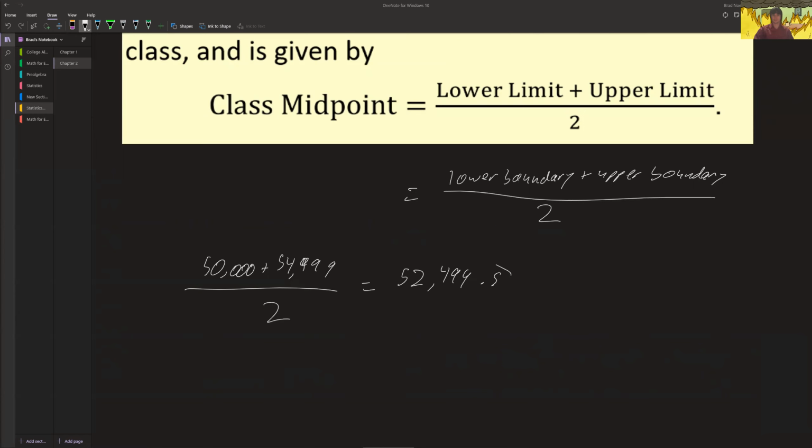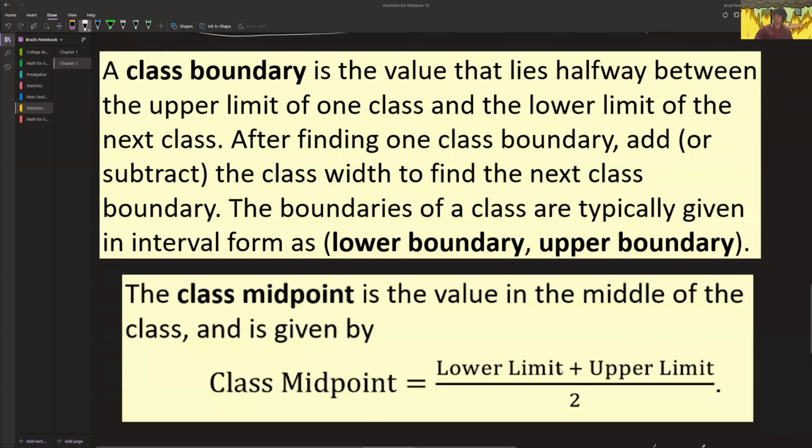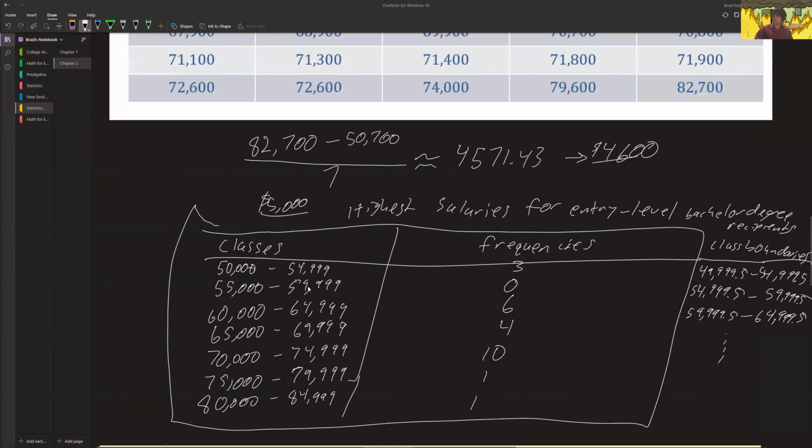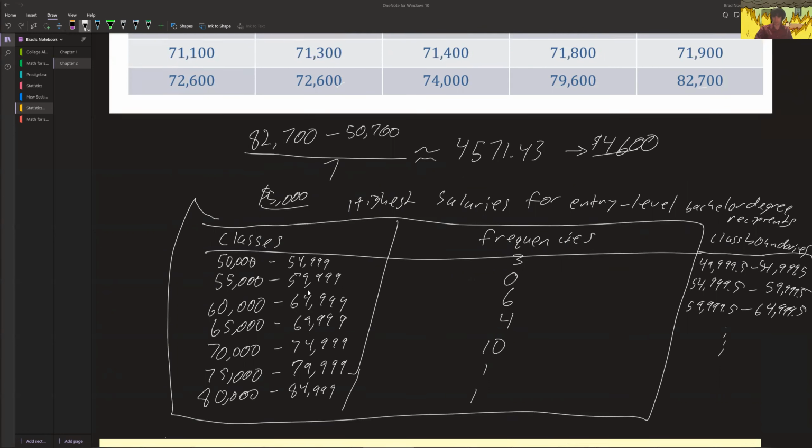Now, if you want to find the class midpoints for the other classes, you can make use of this formula. However, if you want to save yourself a decent bit of time, just add your class width. If I wanted to know the class midpoint of this one here, I can calculate it by adding these up and dividing by 2, and that's totally fine.